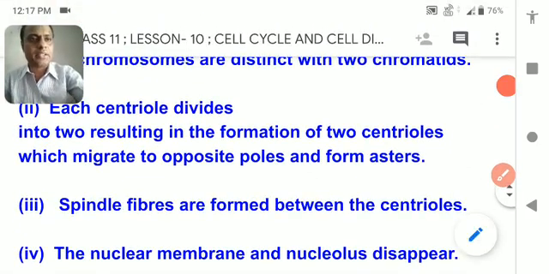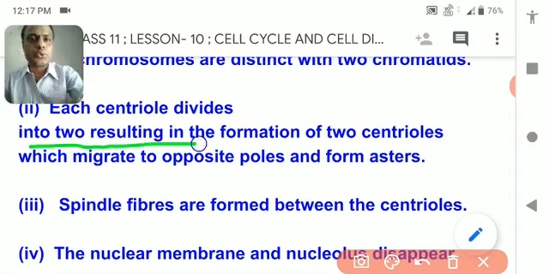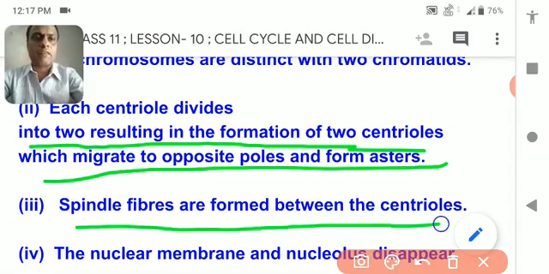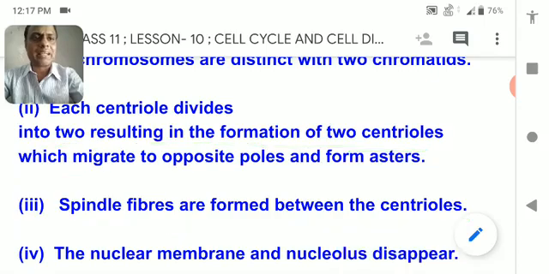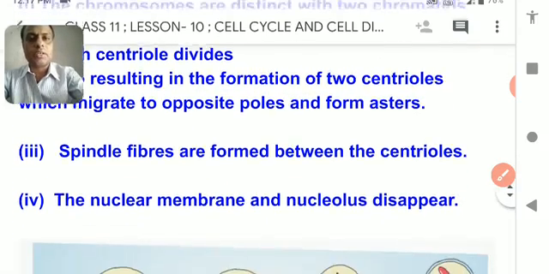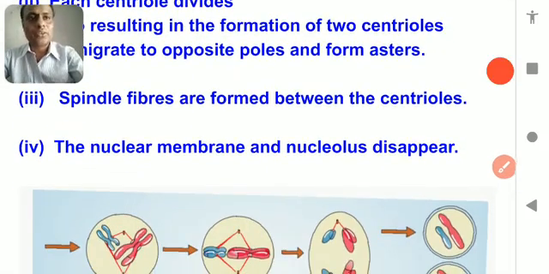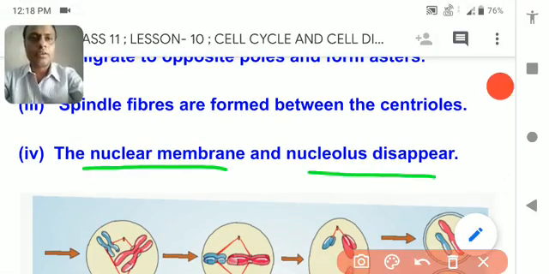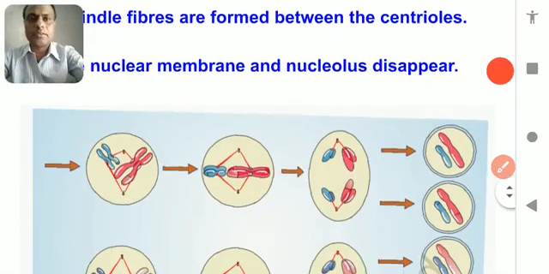Each centriole divides in two, resulting in the formation of two centrioles which migrate to the opposite poles. Spindle fibers are formed between the centrioles and the nuclear membrane, and the nuclear membrane and the nucleolus disappear as usual. Let us see the figure given over here.